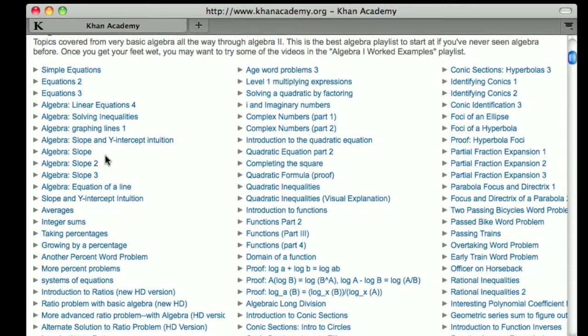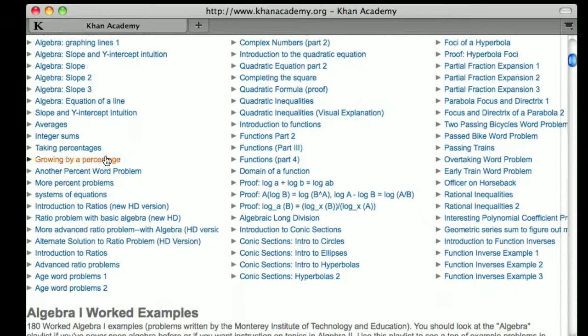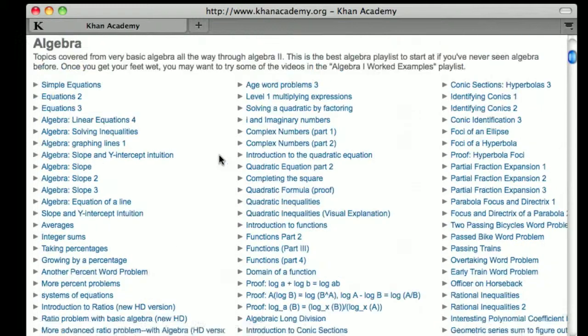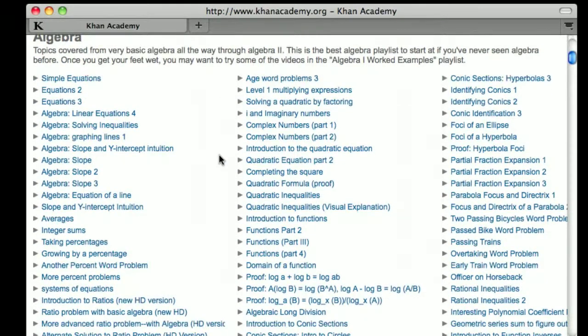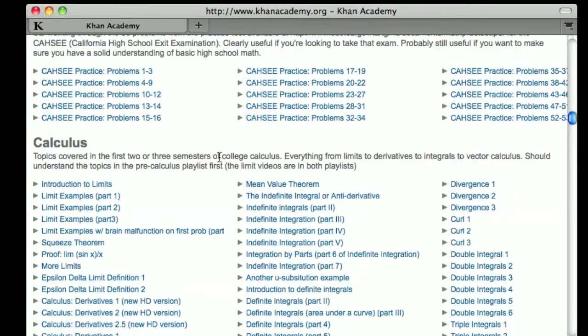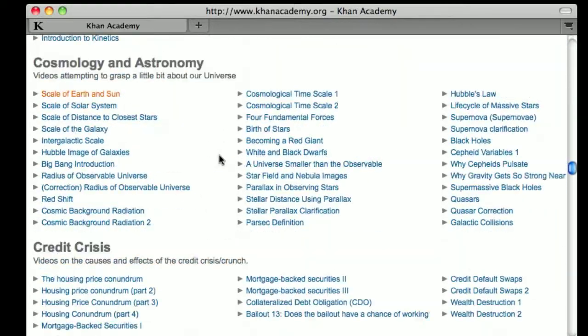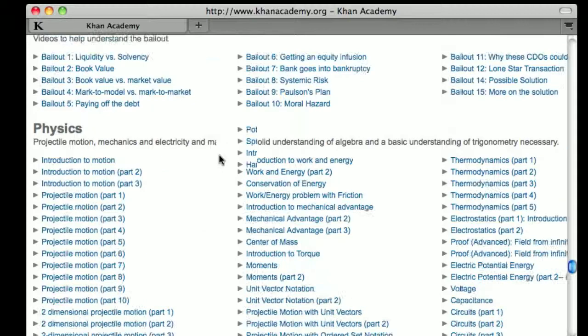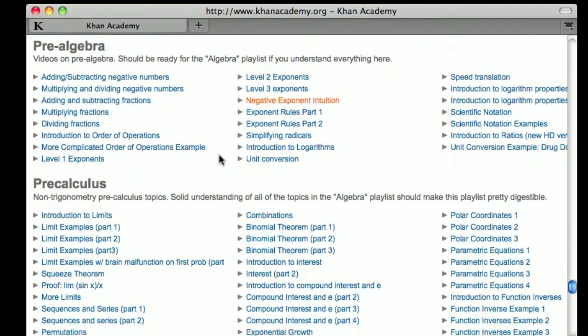Here are a bunch of algebra problems, and some really great work that Sal Khan did putting all of these together. If you need help on exponents, go down to the pre-algebra playlist.